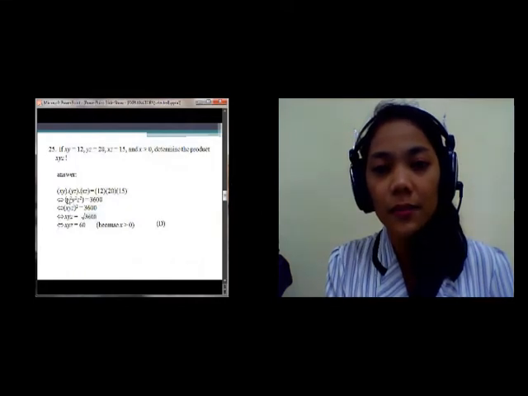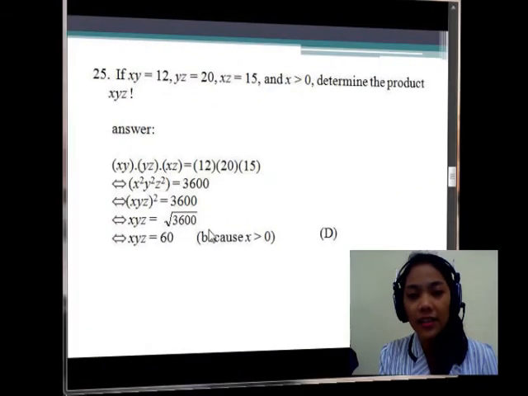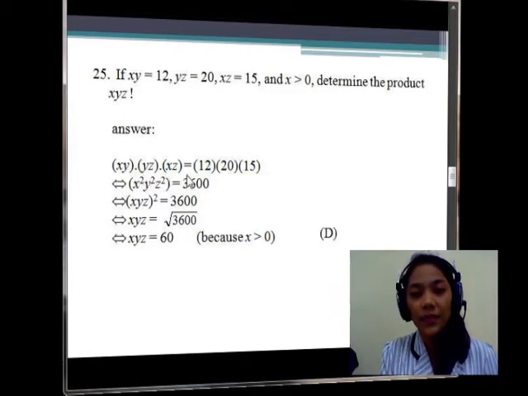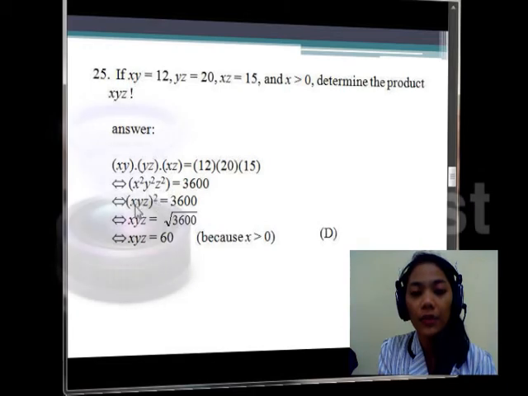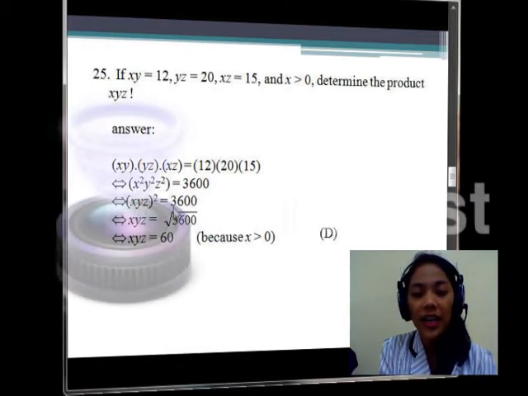So the solution will be xy times yz times xz equals 12 times 20 times 15. Then that's why x squared y squared z squared equals 3600. So since x, y, and z are all raised to the power of 2, (xyz) squared equals 3600.